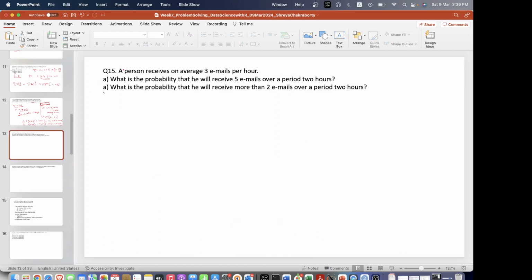Again, a similar question. A person receives emails on average 3 emails per hour. Here also the question is very similar to that call center question. So here again we are going to model X as the number of emails received per hour.